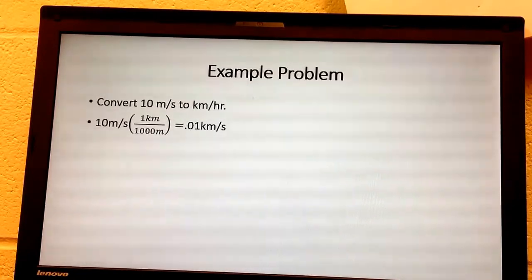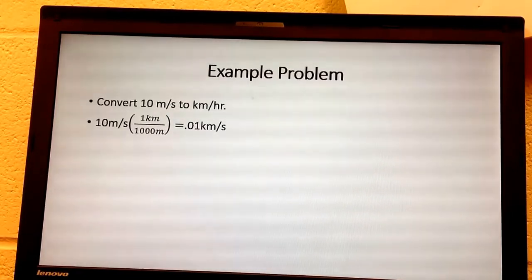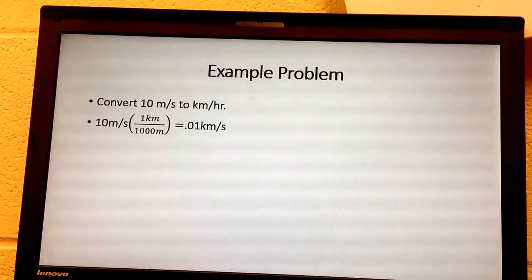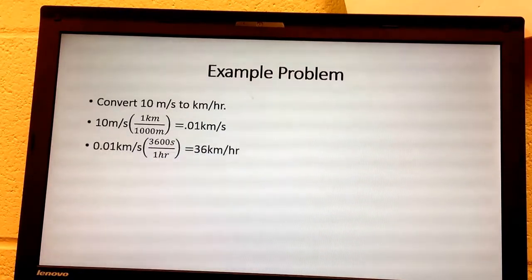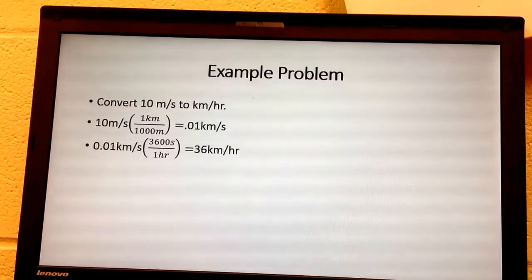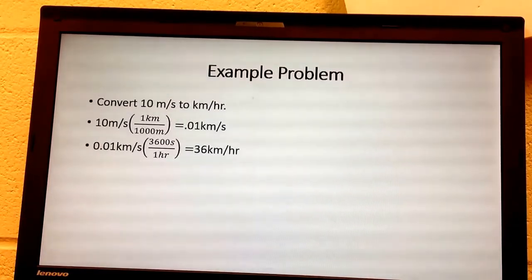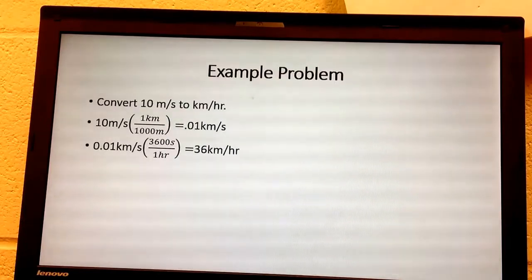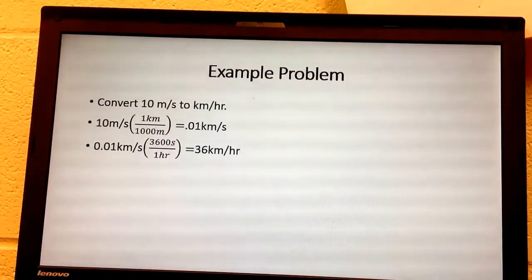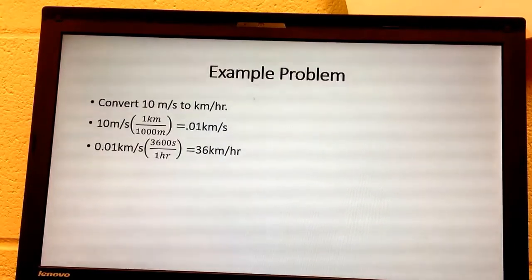That's our conversion factor, and that gives us 0.01 kilometers per second. The meters cancel, leaving us with kilometers per second. Now to go from seconds to hours, we say 3,600 seconds per 1 hour, and we multiply 0.01 kilometers per second times 3,600 seconds per 1 hour, and that gives us 36 kilometers per hour.